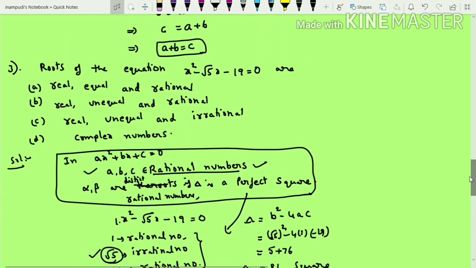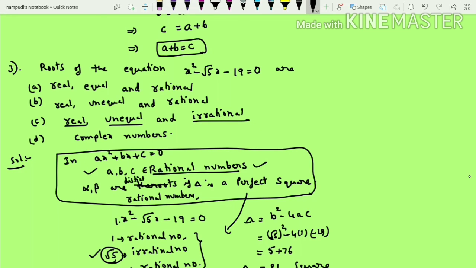Observe the options. These are not rational, so irrational is correct, unequal is correct, and if they are irrational they are also real.